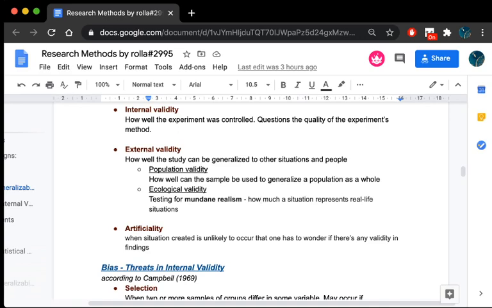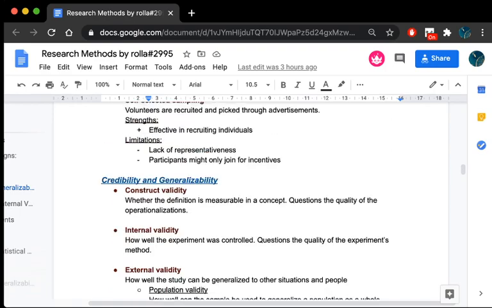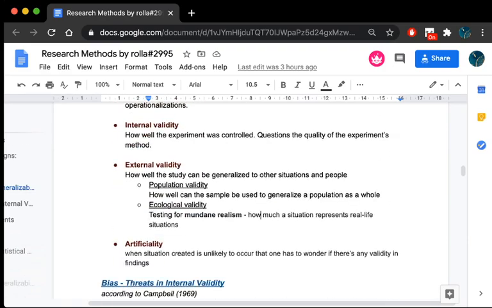Artificiality is when the situation created is unlikely to occur, so one has to wonder if there's any validity in the findings. This pertains more to the general overall theory itself.